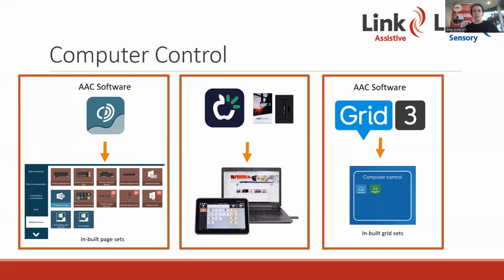This is a USB that plugs into the external computer, and they can potentially operate that external computer via their device. So they can program buttons that launch Word, that move the mouse around the screen, and they're controlling an external computer rather than controlling the internal computer of the device. So that's yet another option that we can do.